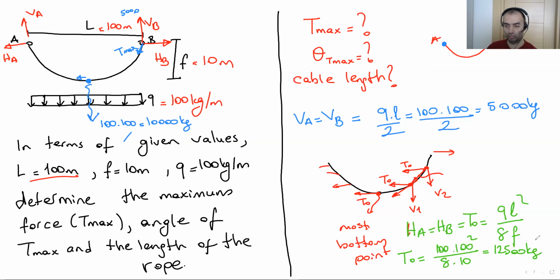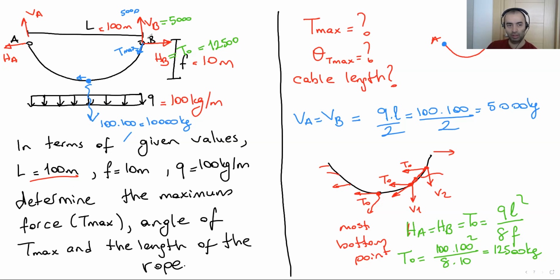What does this mean? Now T0 equals HB. So this is vertical B. Vertical B is 5,000.